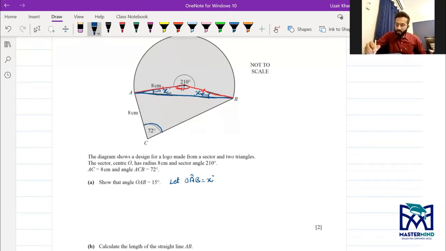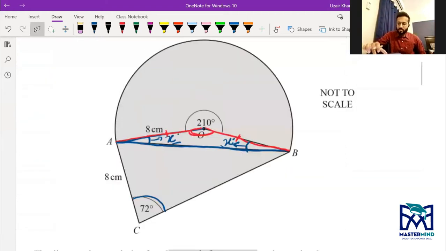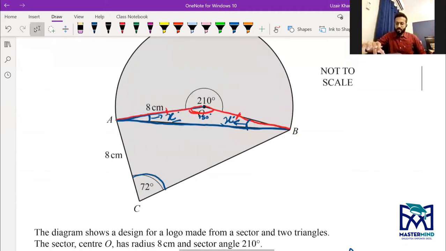For AOB, I'm going to subtract 210 from 360. And that will give me angle AOB as 150. So I get 150 over here, which completes the triangle for me.